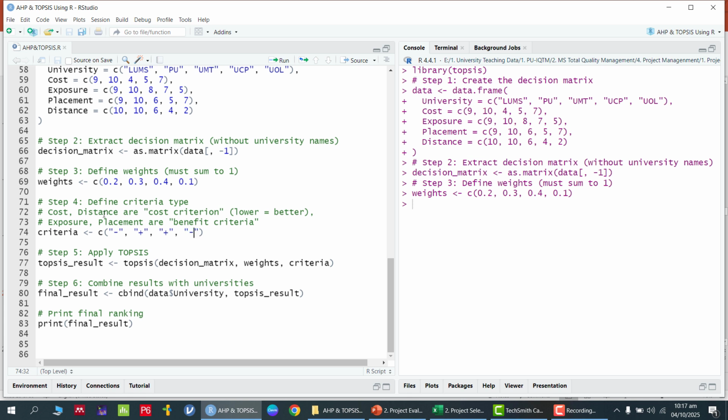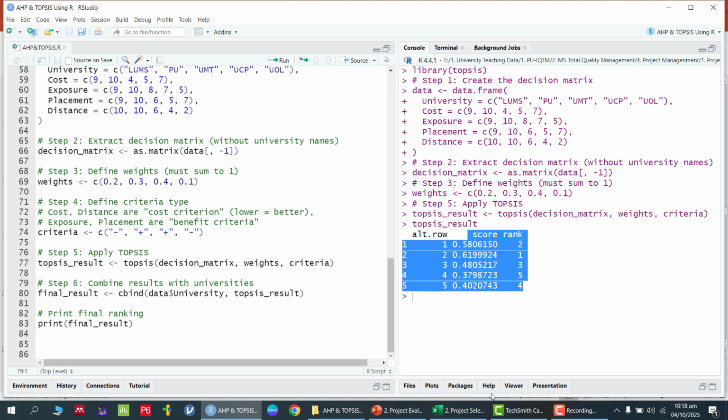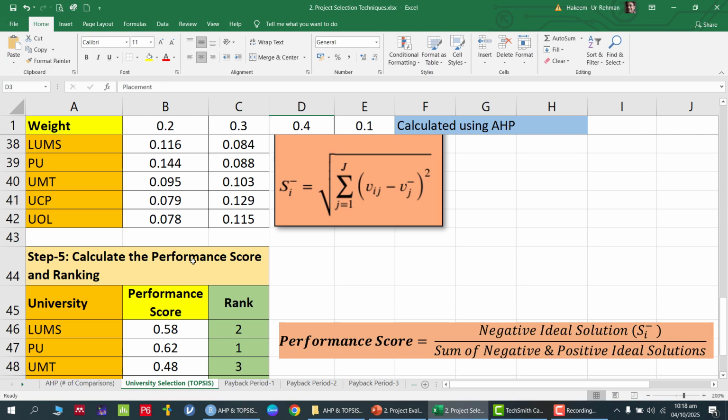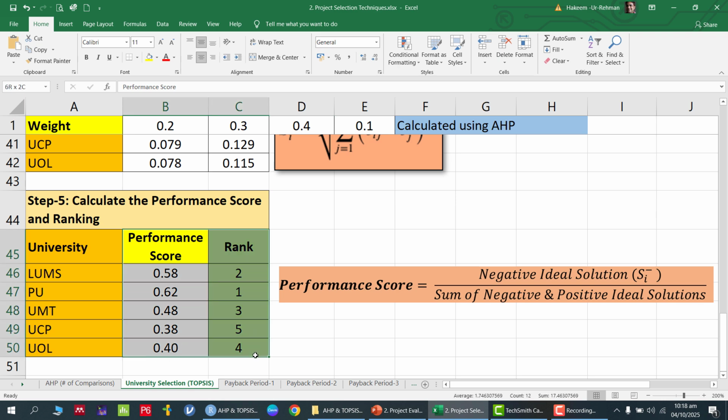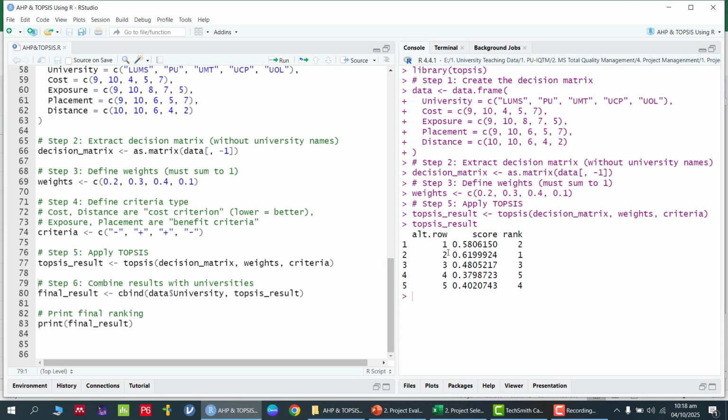Okay, so once we have this decision matrix, the weights, as well as the criteria, now we can apply the TOPSIS method. The function is TOPSIS, and we give it the decision matrix, weights, and the criteria, and we store the output in a variable called topsis_result. Okay, if I write down the topsis_result, I would be able to get those ranks which we found over here. But I would also like to see which university, which alternative, because the output is not showing it.